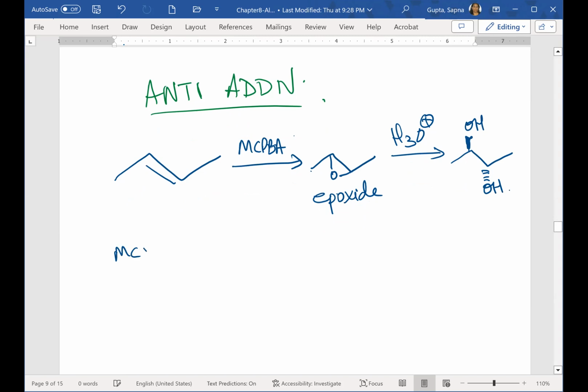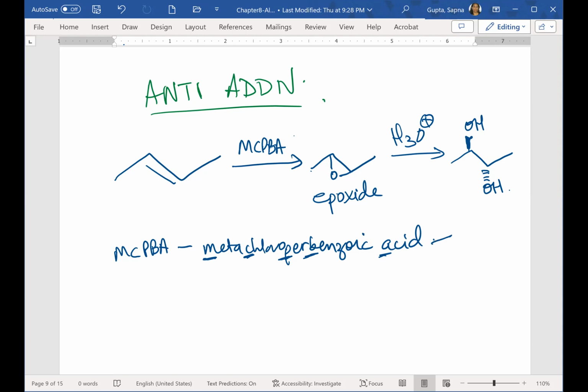MCPBA is meta-chloroperbenzoic acid. At this time, I will just write MCPBA for you, so you don't have to memorize the whole name or the structure for it.